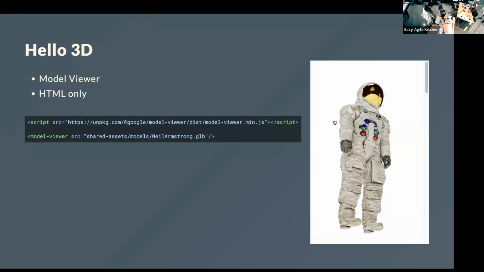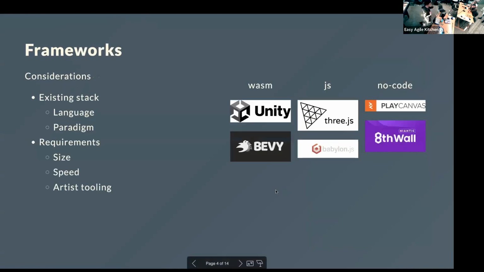But if you wanted to get things a little bit more interactive, or have some custom setup, then you're probably going to need to use a framework. This is an area that I'll probably spend a bit too much time bouncing around. I started off with Unity, that's sort of like a native game engine, and then I moved to the world of the web, and I fell in love with doing web technologies.